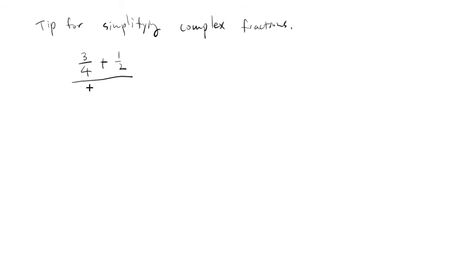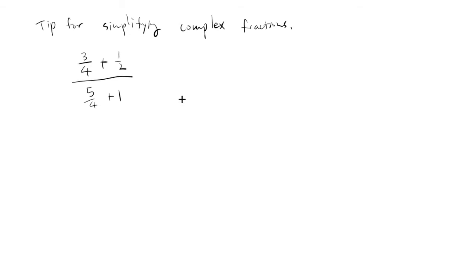Another tip is for simplifying complex fractions. Suppose you have 3 over 4 plus 1 over 2, all over, say, 5 over 4 plus 1.